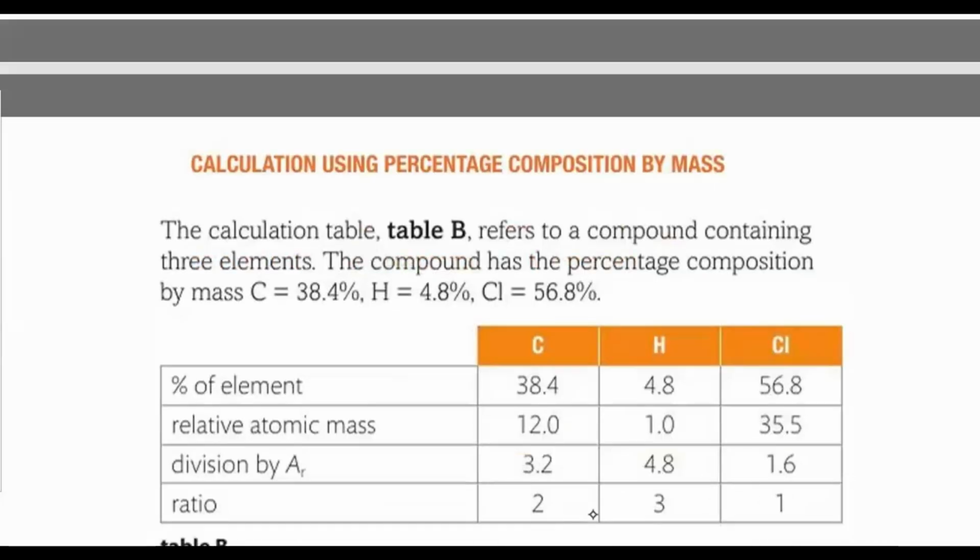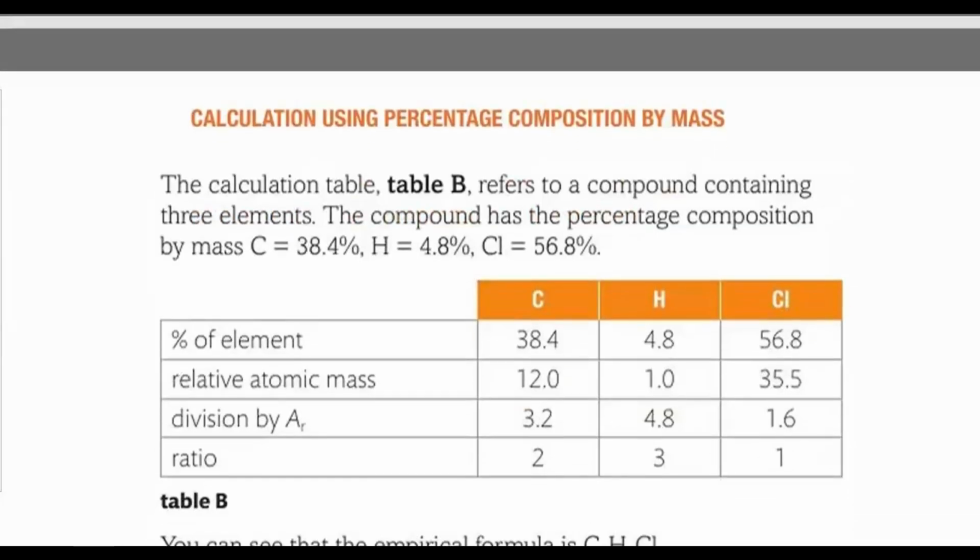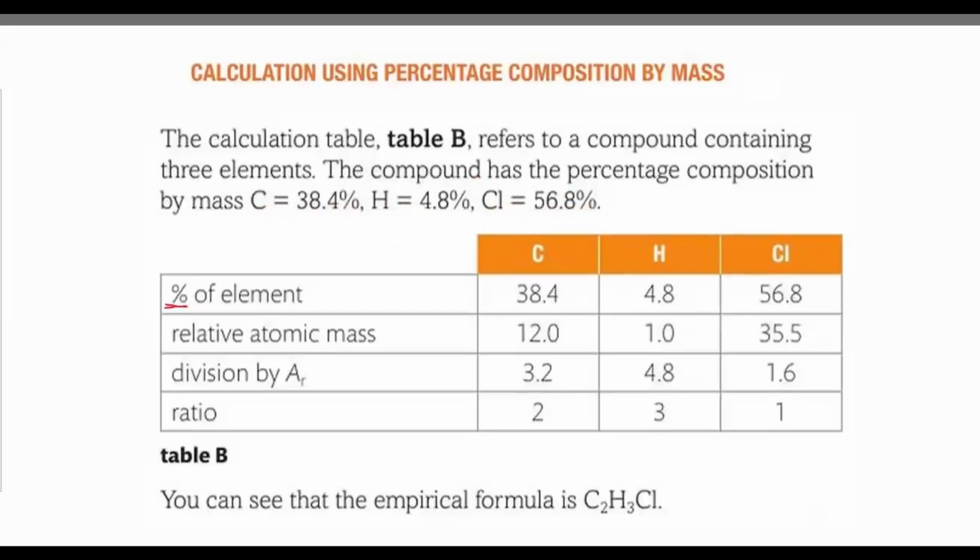The other way of calculating the empirical formula was that instead of giving the masses, they gave us the percentage of each element. If carbon, hydrogen, and chlorine were there, they gave us the percentage of these elements in this particular compound, let's say X, and we need to find its empirical formula. Whatever the number of elements this compound has, that many columns we make. We write carbon's percentage, then hydrogen, and then chlorine, and we divide them by the relative atomic mass.